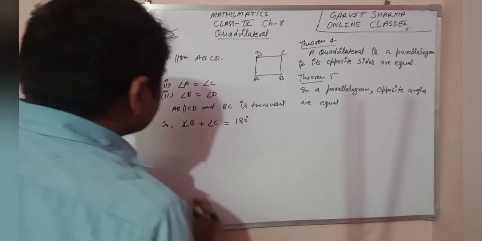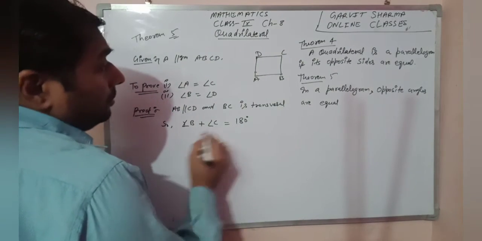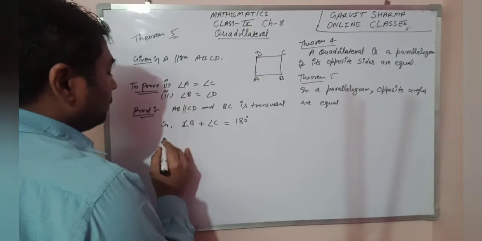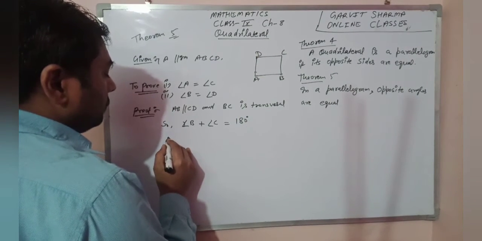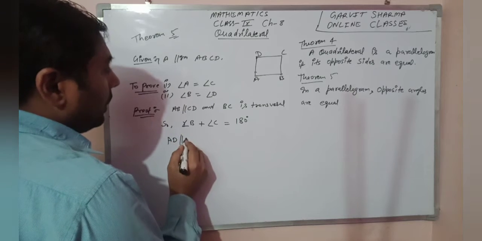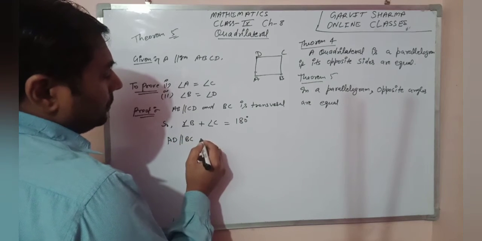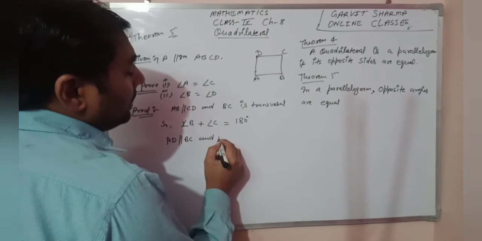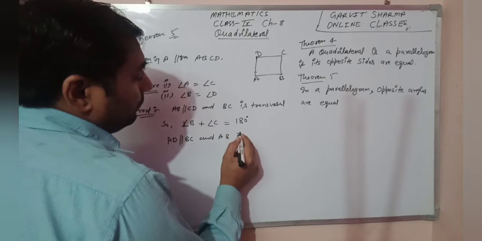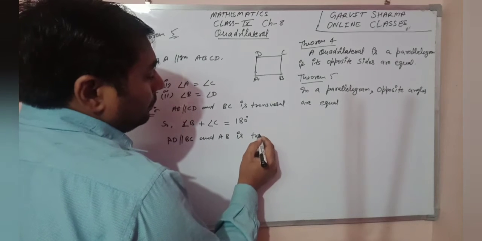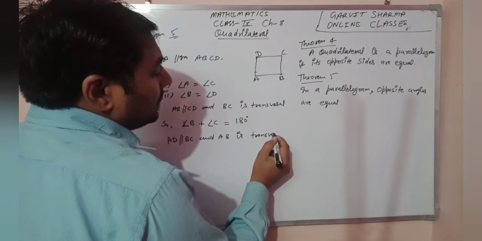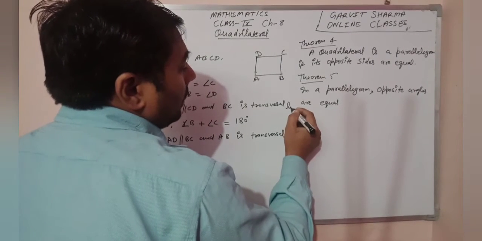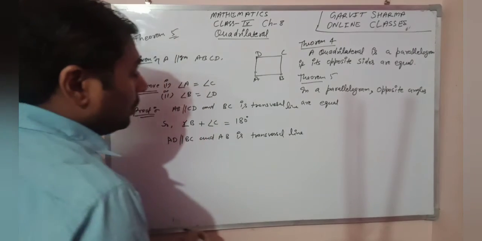And AD is parallel to BC, and AB is the transversal line.